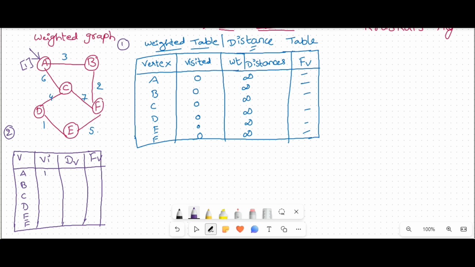The distance from that vertex to itself is 0. Now find the adjacent vertices for A. The adjacent vertices of A are B and C.